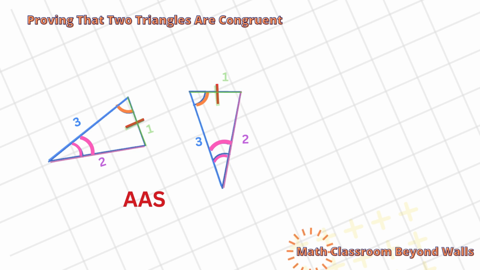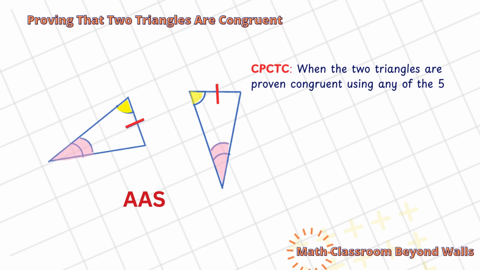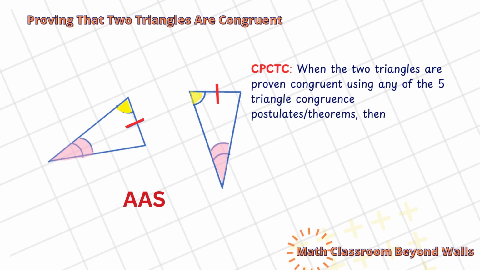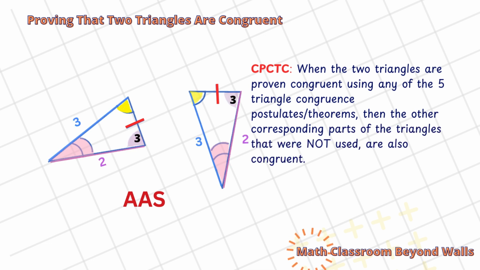You are right, they are also congruent. So, once the two triangles are proven congruent using any of the 5 postulates or theorems, then the other corresponding parts of the triangles that were not used are also congruent. An acronym, CPCTC, is usually used to refer to this.